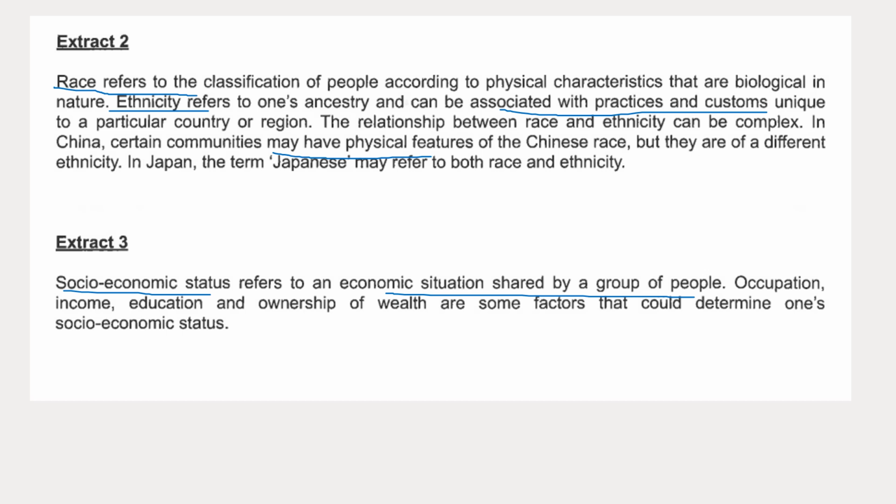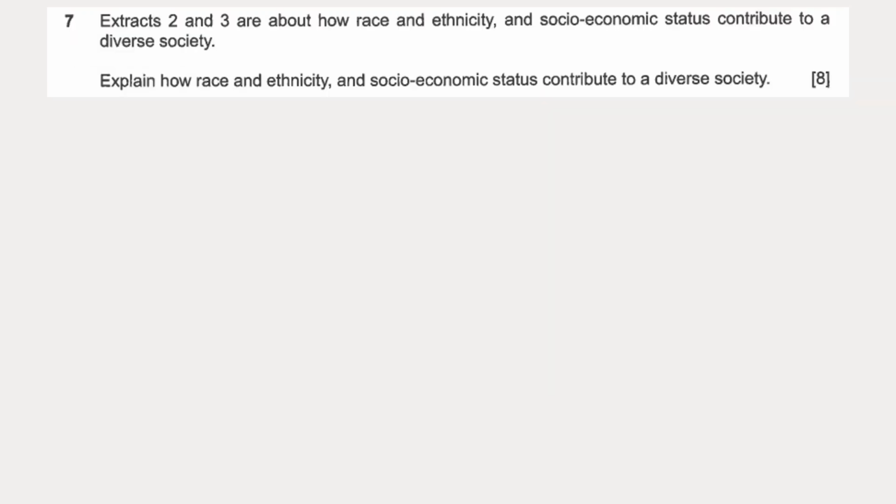So you have maybe high income, middle income, low income. And all these things, actually, the question is asking you for something. So what is the question asking you? The question is asking you, at the end of the day, how do race and ethnicity as well as socioeconomic status lead to a diverse society?